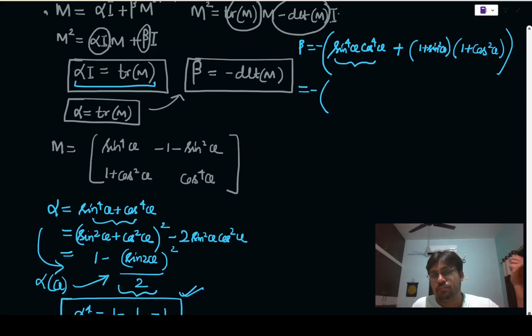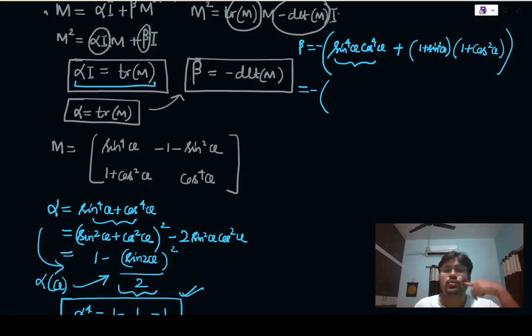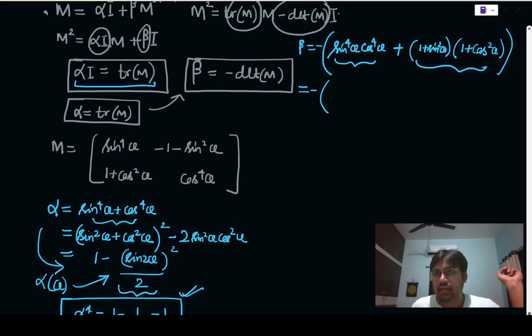This is basically what? If you think about it, this is sine square theta cos square theta, whole square. So, can I do something with sine square theta and cos square theta? Yeah. If we untangle this, it will be 1 plus sine square theta plus cos square theta plus the product sine square theta into cos square theta.